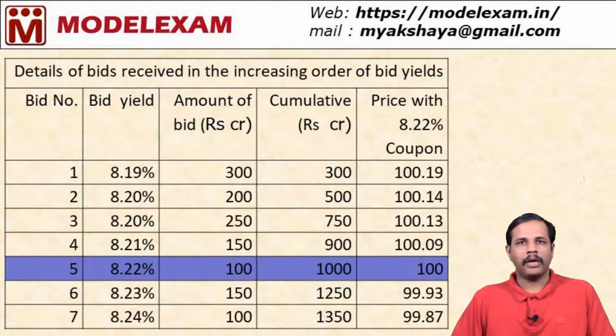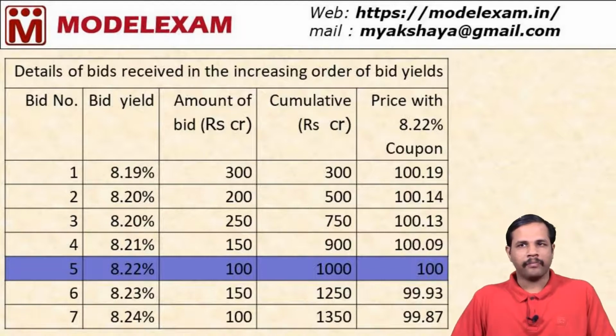Accordingly, we have calculated the prices for different yields. So at a price of 100.19, that is corresponding to 8.19 percentage, and price becomes 100.14 corresponding to 8.20 percentage yield. And we have a separate formula for calculating price, and that we will be discussing later on.